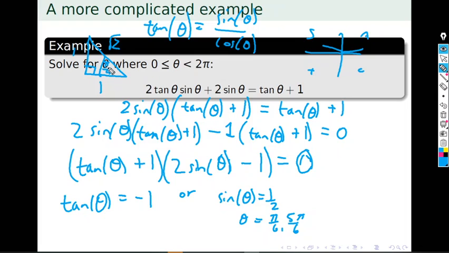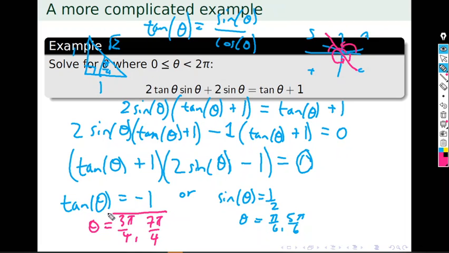Tan is opposite over adjacent, so it's 1 over 1, but we need it to be negative. So it needs to be in the sine quadrant and the cos quadrant. Let's just change color, pi on 4 up there, pi on 4 there and there. So it'd be 3 pi on 4 or 7 pi on 4. I believe so. 3 pi on 4, 7 pi on 4.